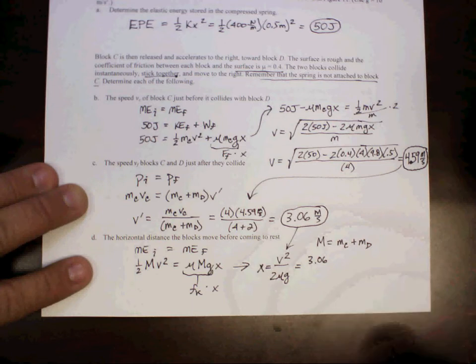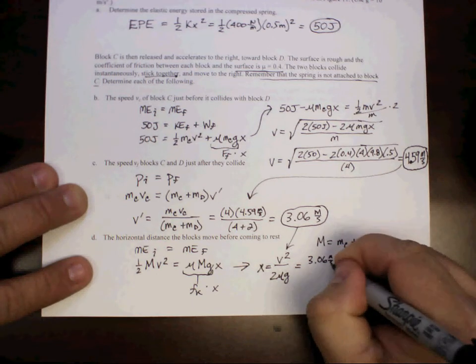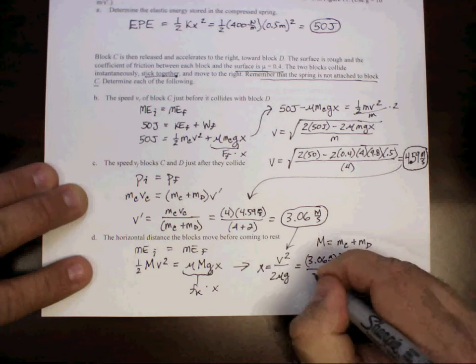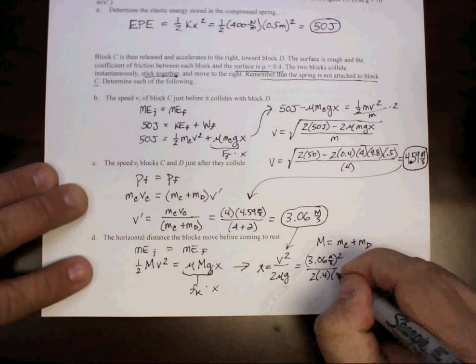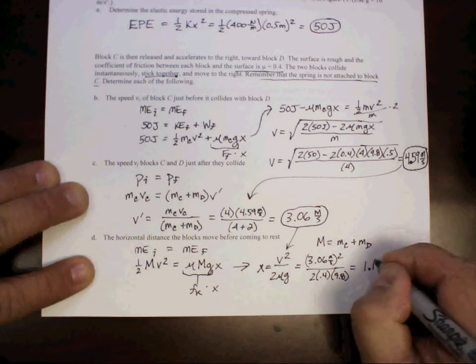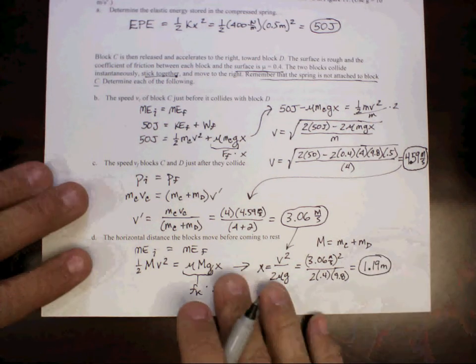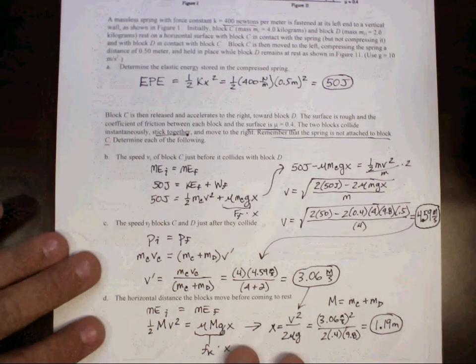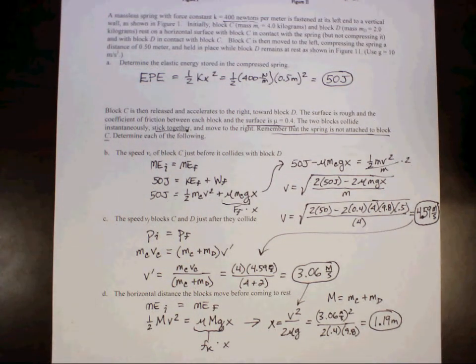And then finally, they want part D, which is the horizontal distance the blocks move before coming to rest. They're going to slide off together, and then slide and come to rest. Remember, the spring is no longer a factor here. So we're just going to use mechanical energy initial equals mechanical energy final. Initially, they have kinetic energy.